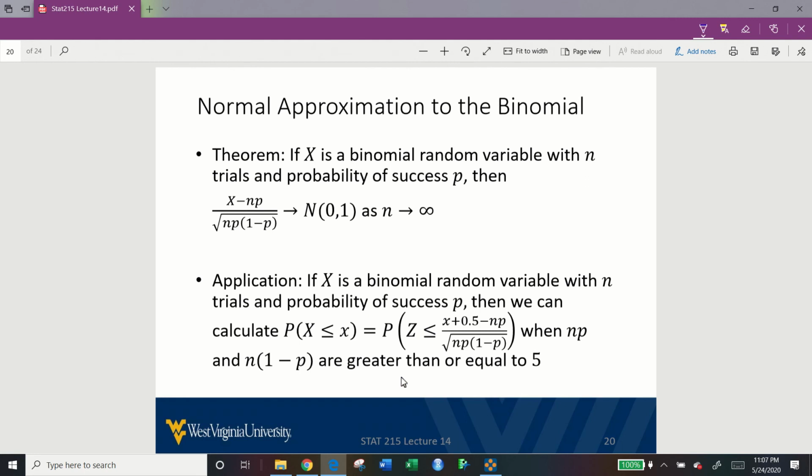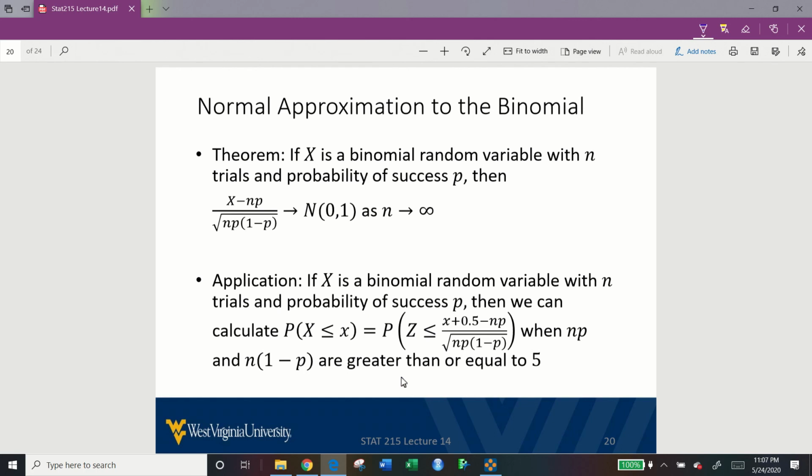Where this has its application is if x is a binomial random variable with n trials and a probability of success p, then we can calculate the probability of x less than or equal to x as the probability of z less than or equal to x plus 0.5 minus np over the square root of np multiplied by 1 minus p, where np and n times 1 minus p are greater than or equal to 5.